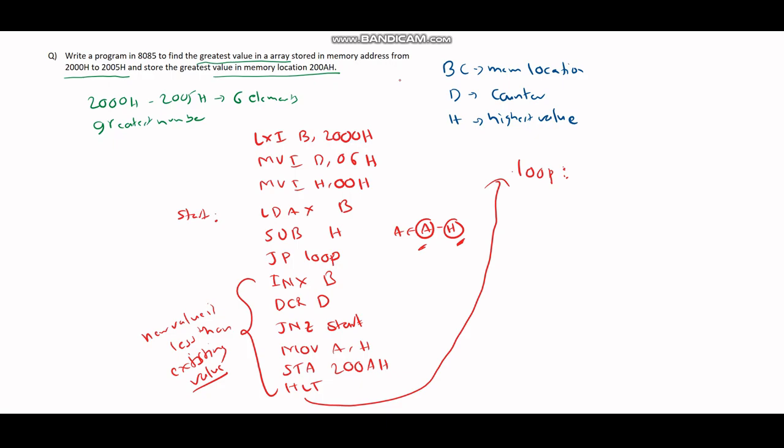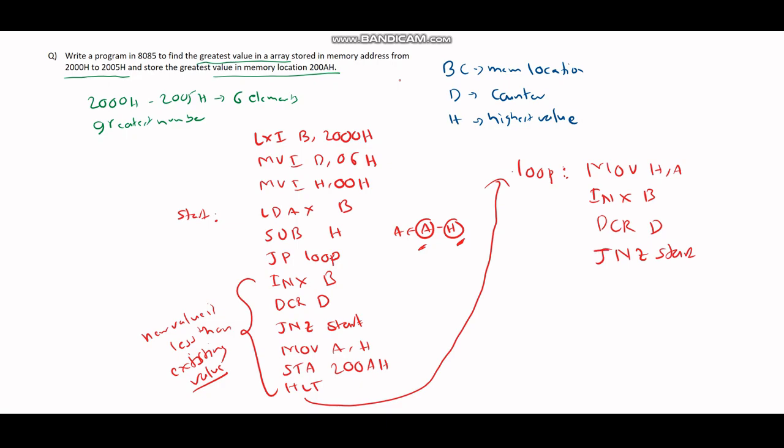So the new value now becomes the greatest value. So I need to do MOV H, A, and then continue the same here: INX B, DCR D, and jump on non-zero start.